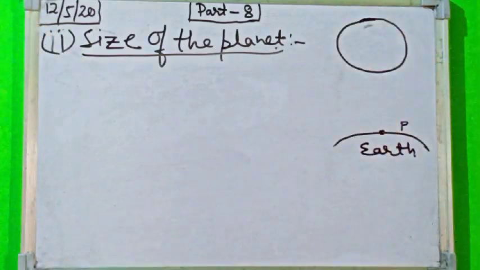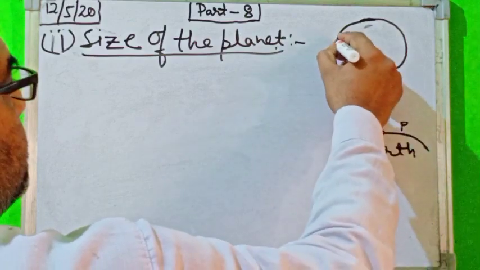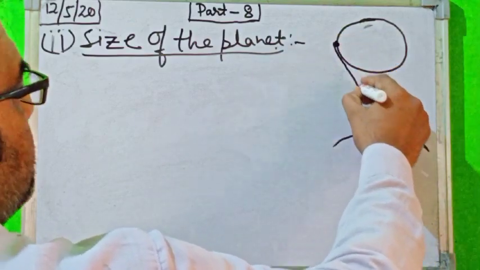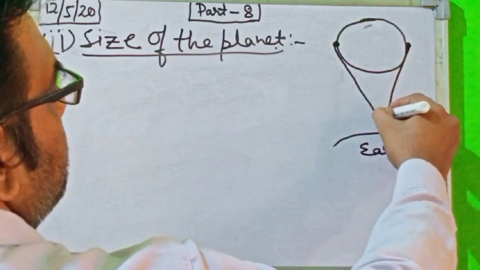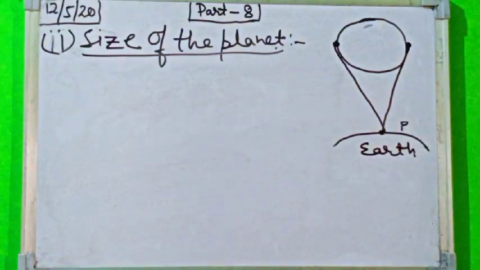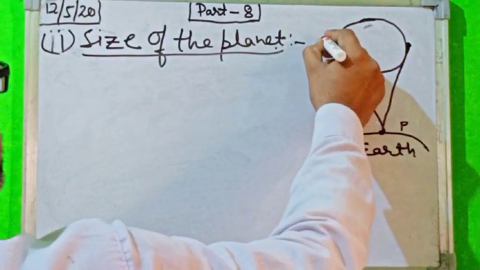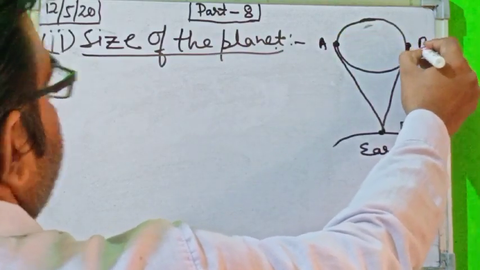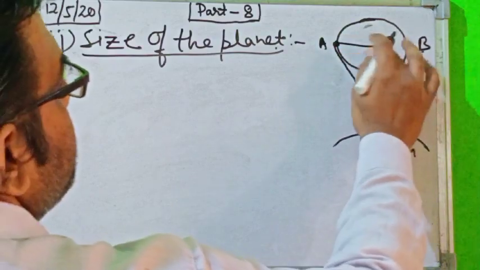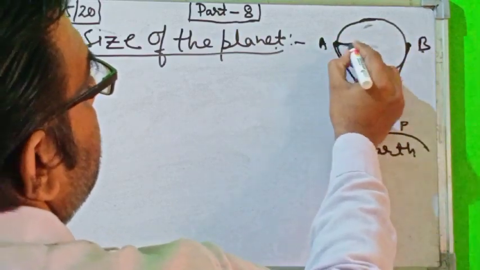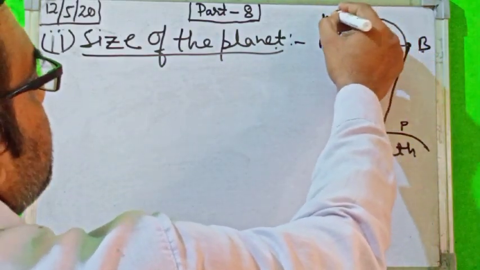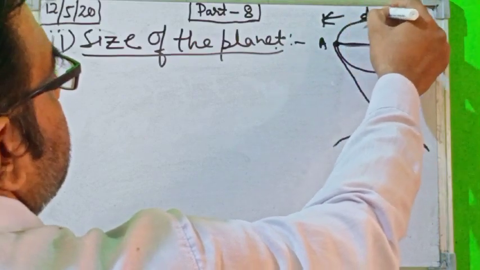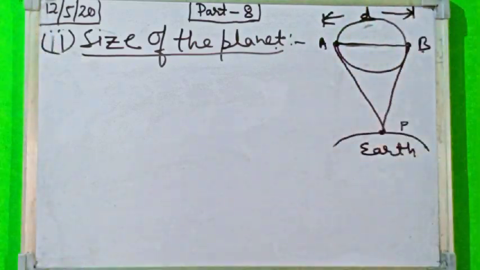This is one line of sight. Suppose these are PA and PB, and this is the diameter, and the separation between the two points is small d.